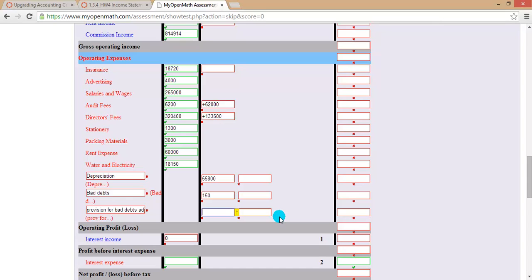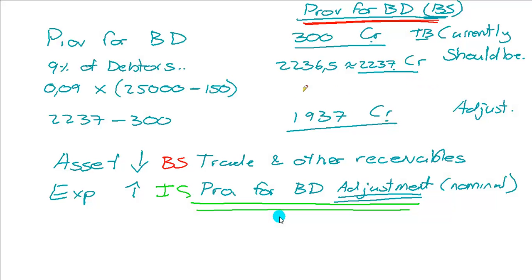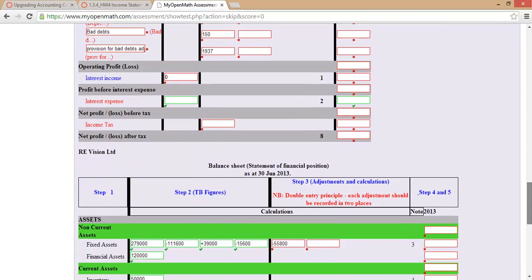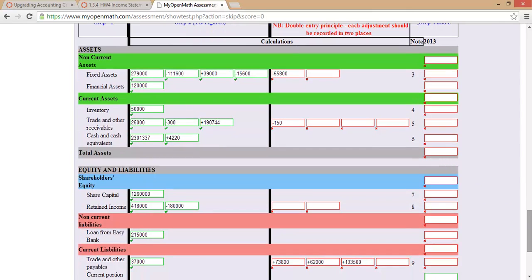Alright, and the amount we had was 1937. Just quickly want to show you again. Remember the amount of the adjustment was 1937. Okay, there we go. Provision for bad debts increased. We're not done. Remember, for every debit there needs to be a credit, so we need to record under our current assets, our trade and other receivables is going to decrease even further by another 1937.